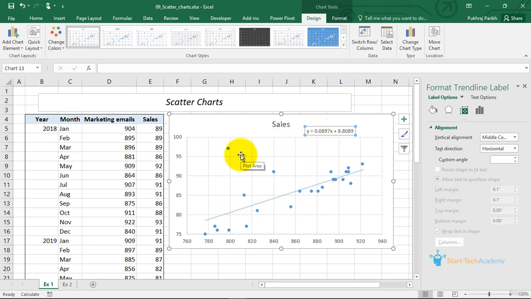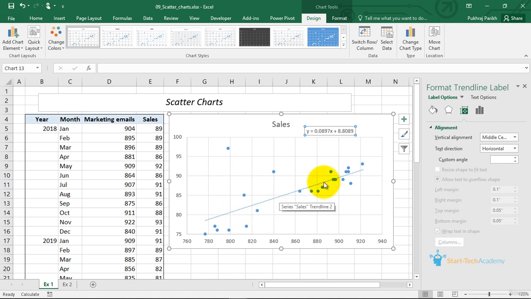Basically, the point of using a scatter plot is to find out the relationship between two variables. If you identify a relationship visually, you can also plot a trend line using this adding chart elements button.